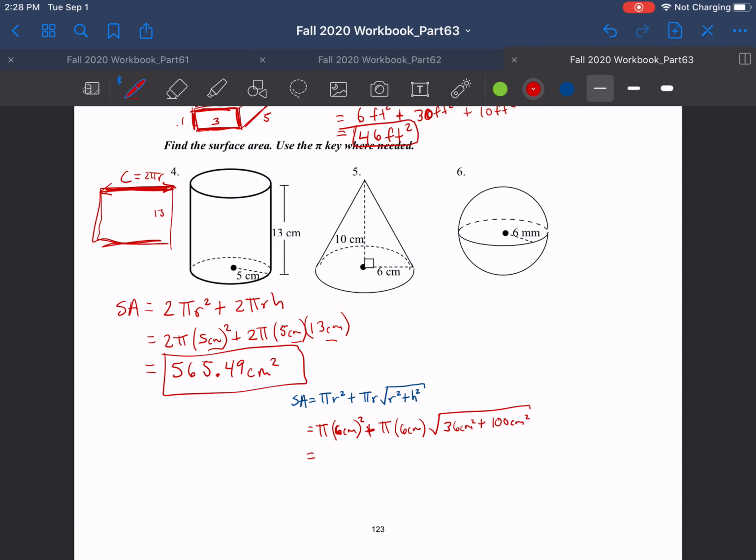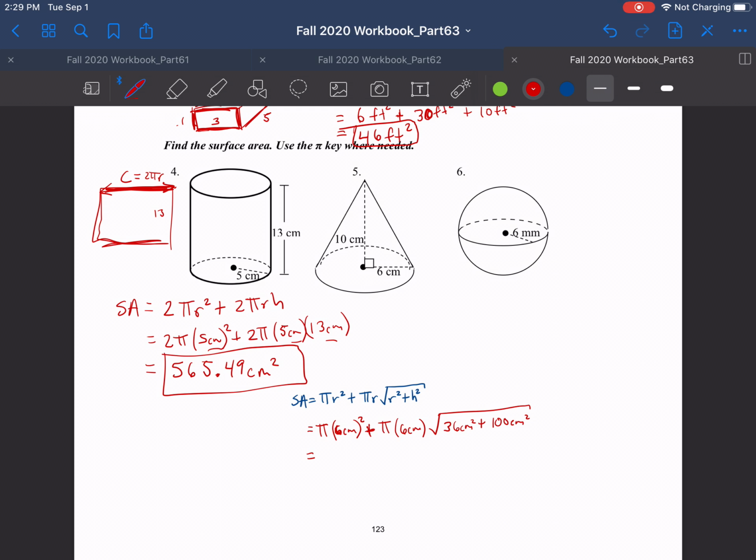And so then if we go through and start putting this into our calculator, we can do pi times 6 squared is pi times 36 plus, and we'll do pi times 6 times the square root of 136.